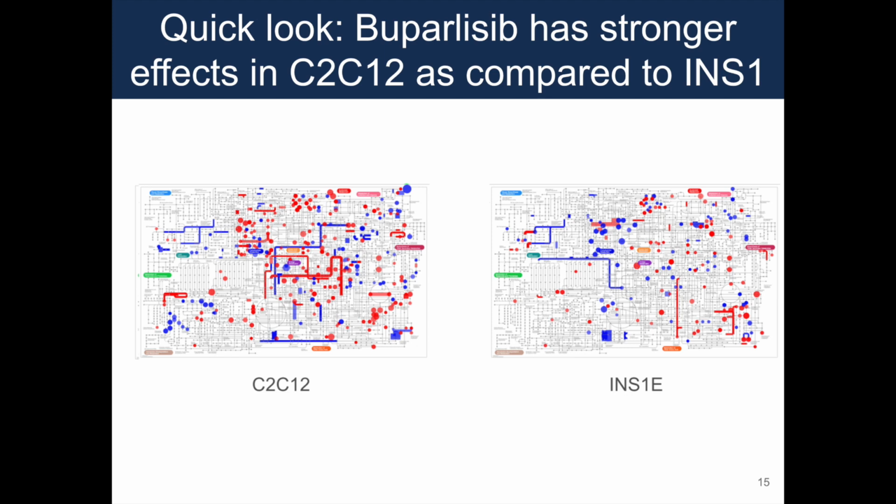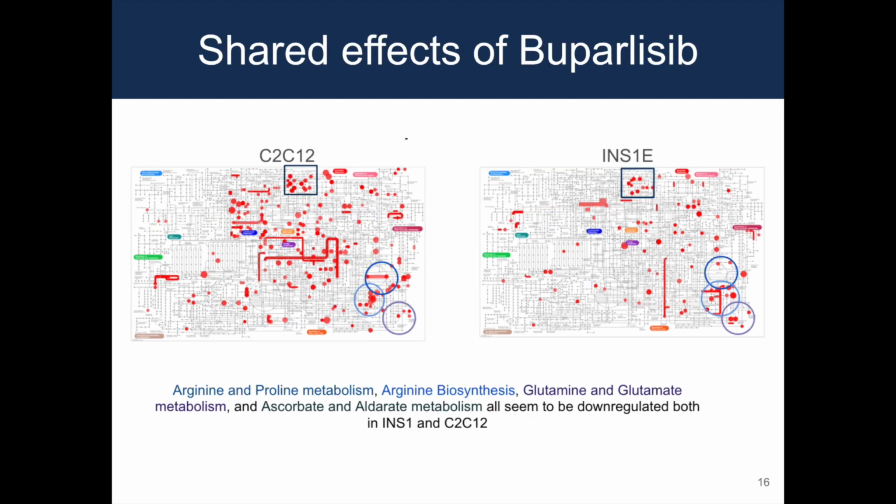If we look at the KEGG maps of boparlisib in C2C12 and INS1 side by side, we see an interesting observation, which is that boparlisib seems to have a lot more significant effects in the C2C12 cell line as opposed to INS1. If we dig a little deeper, we find a few of the changes in the two cell lines are very similar.